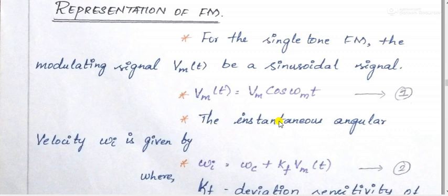From these 3 points we can easily calculate the modulated FM wave. So first, we are going to write the mathematical representation for the modulating signal.